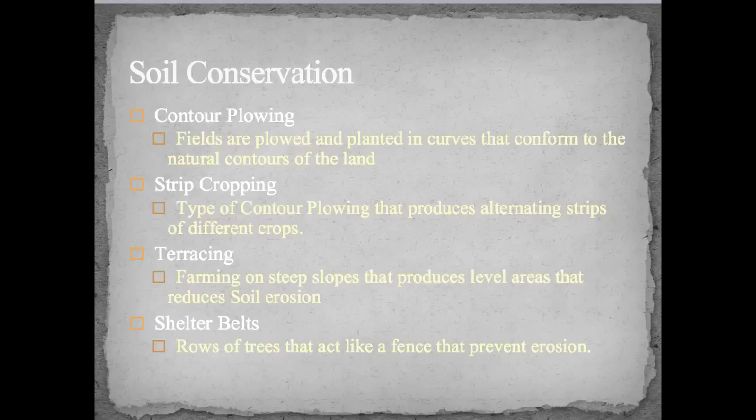Terracing, which you'll see in a lot of South American and Asian cultures, where they will carve away at a mountainside, and it looks like a stepladder. That helps prevent soil erosion because you can trap water in certain areas and you don't get this water just tearing away at the land. And then also shelter belts, which prevent wind from eroding soil. It's almost like a fence.